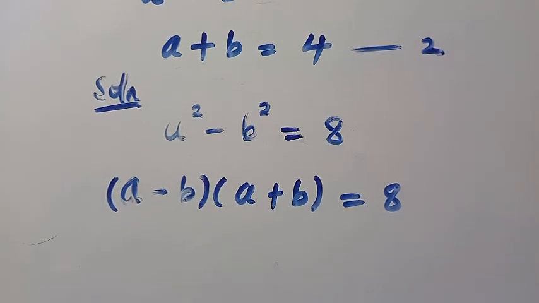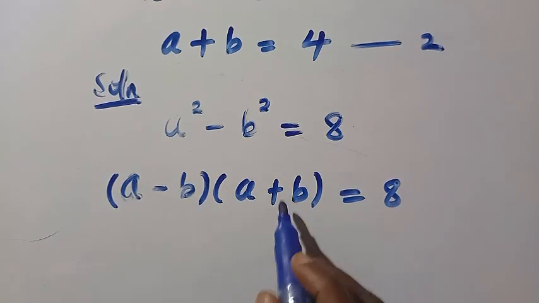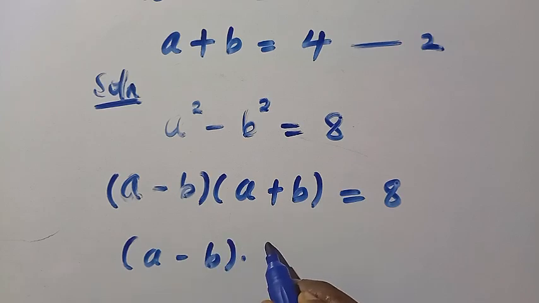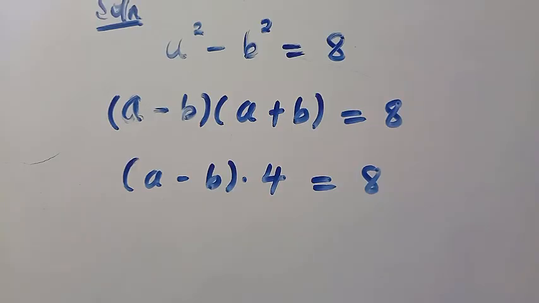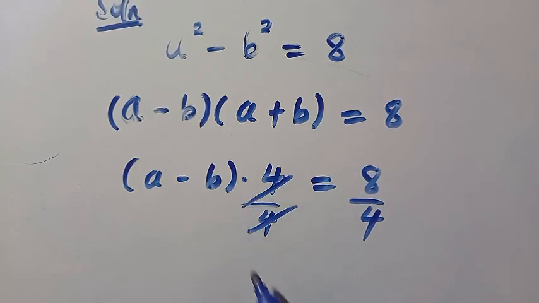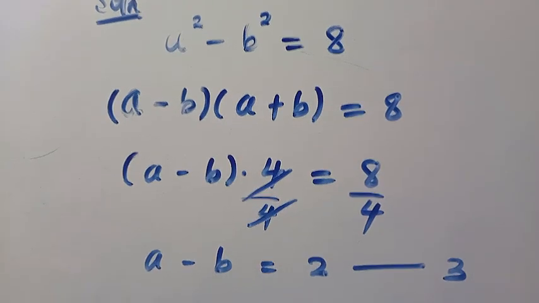But according to equation 2, a plus b gives us 4. By substituting, a minus b multiplied by 4 equals 8. Dividing both sides by 4, the 4 cancels, then a minus b equals 2. Let's call this equation 3.